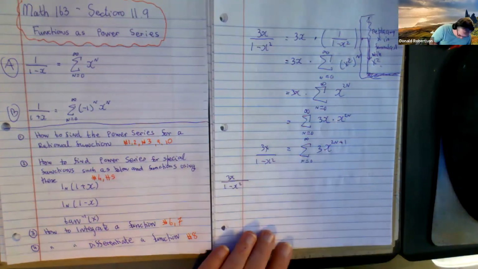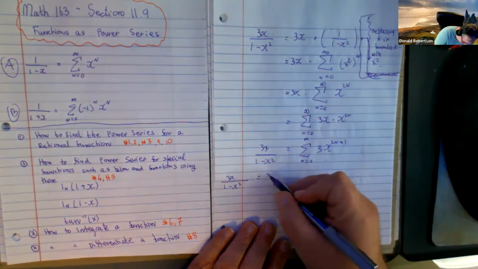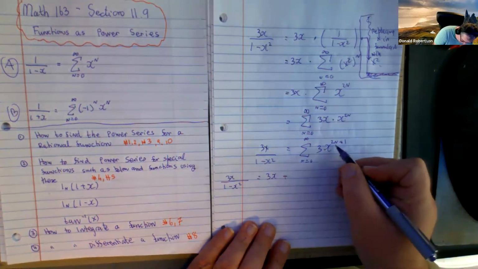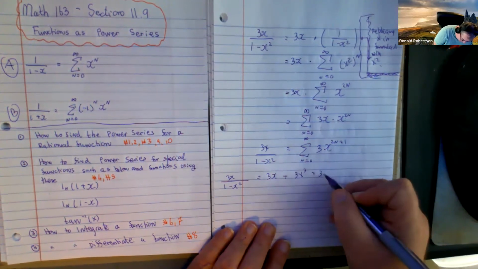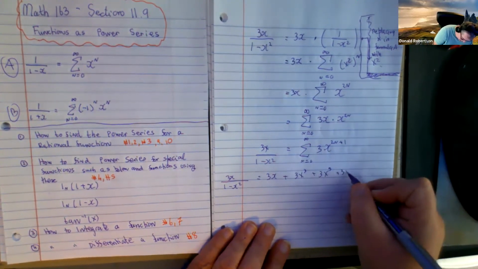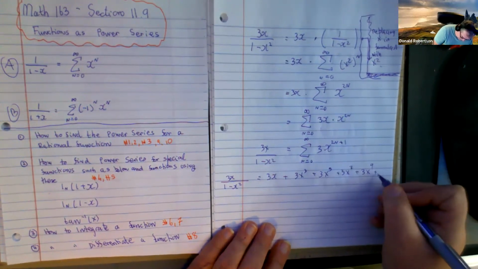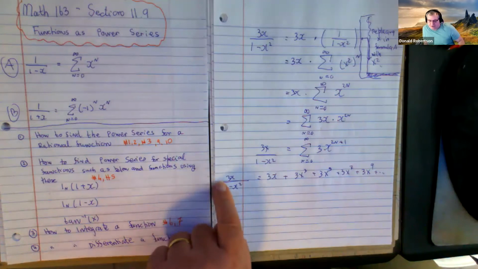But for this fraction here, if you plug in 0, you get 3x. If you plug in 1, you get 3x cubed. Then you get 3x to the 5 plus 3x to the 7 plus 3x to the 9, forever. Do you see you're basically just doing the odd powers of x, but 3 of them? And that generates that fraction.